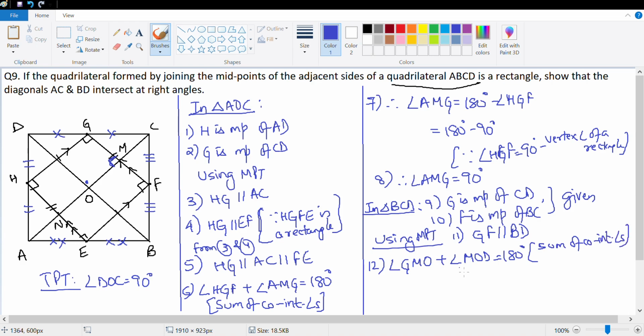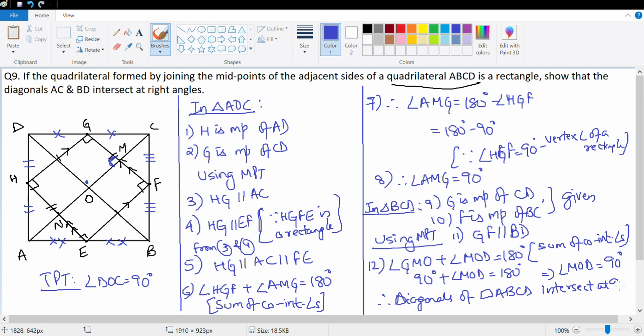So GMO we just figured out is 90 degrees, plus angle MOD is equal to 180 degrees, which means angle MOD is equal to 90 degrees. Therefore, diagonals of quadrilateral ABCD intersect at 90 degrees.